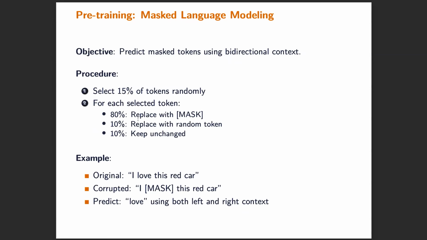So let's zoom into why this 15% is split like this. Note that we choose these tokens and we ask the model to predict them. When we replace the token with a mask token, the mask token is not providing any information about the original token. So the model has to look around and seek context for that. The 10% of tokens that are replaced with a random token is a way to reduce the train-test mismatch.